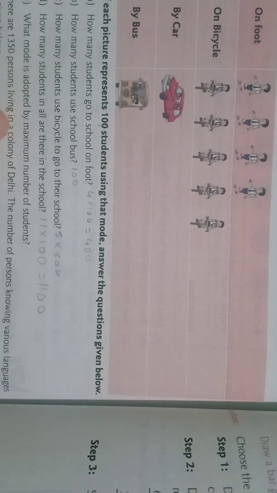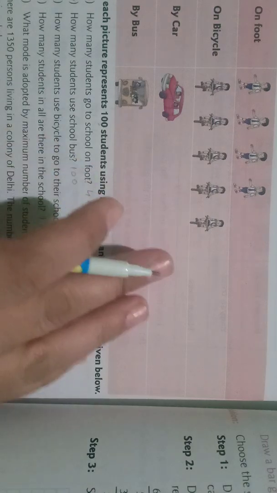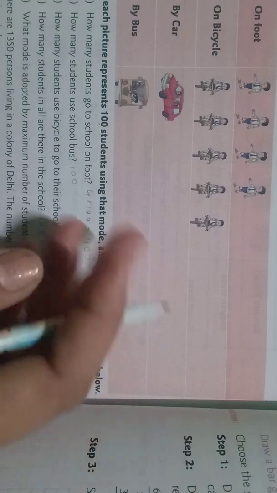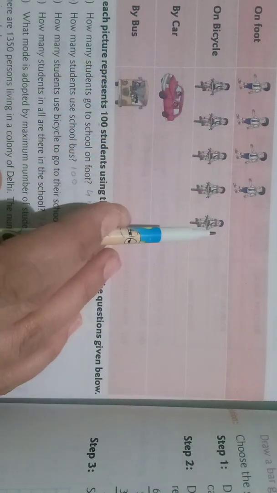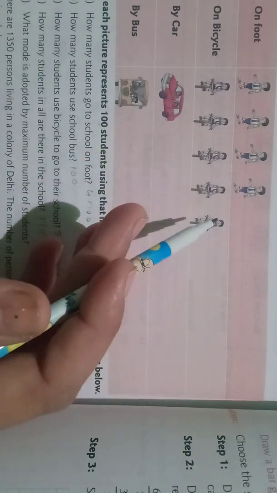What mode is adopted by the maximum number of students? So the more the number of symbols, the more the students go by that mode of transport. So here I can see 1, 2, 3, 4, 5 symbols. So that is the highest number.